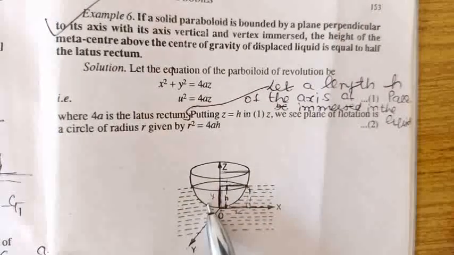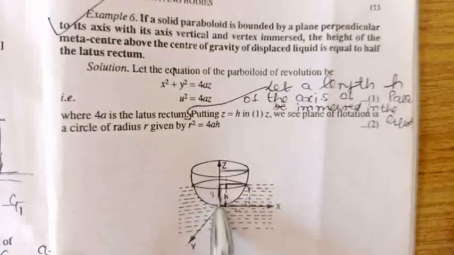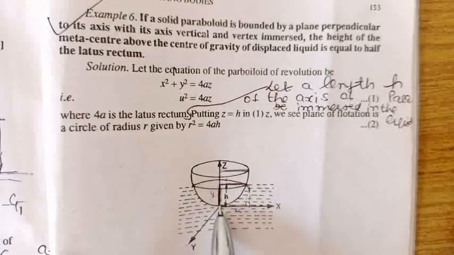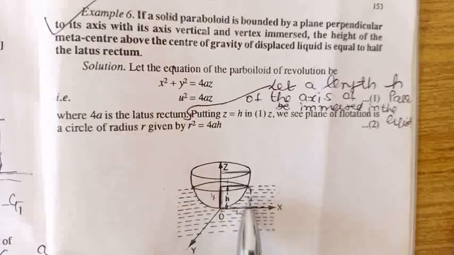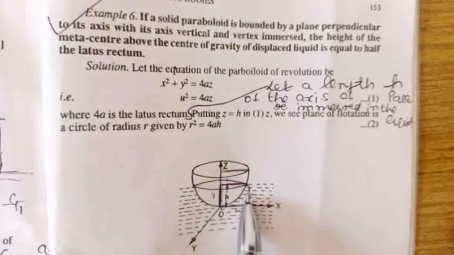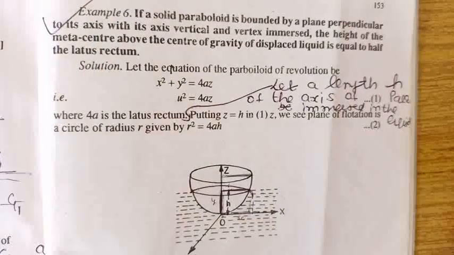This is a paraboloid, and this is the axis of the paraboloid. The length of the latus rectum is 4a. Let us take a length h of the axis of this paraboloid immersed in the liquid.